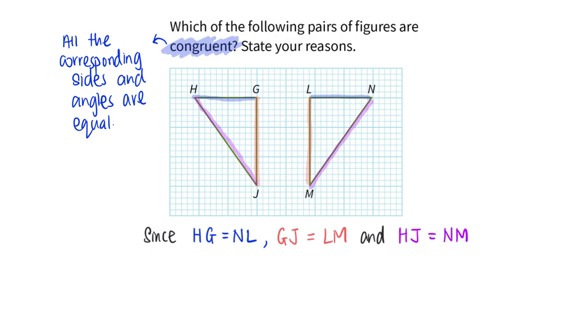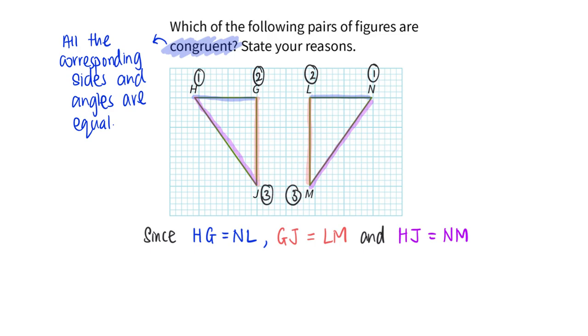So do take note, if I have 1, 2, 3, the corresponding points would then be 1, 2, 3. So I just need to make sure that when I write my answers, the corresponding points match each other. Meaning if I write HG as point 1 and point 2, then I must write NL.